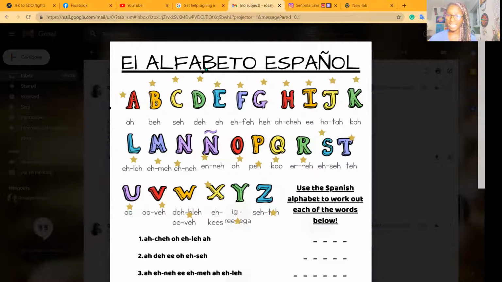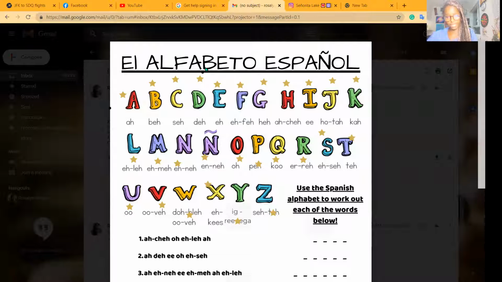A, B, C, D, E, F, G, H, I, J, K, L, M, N, Ñ, O, P, Q, R, S, T, U, V, W o W, X, Y, Z. I'm going to say them una vez más, one more time, and then we're going to transition to the next step.